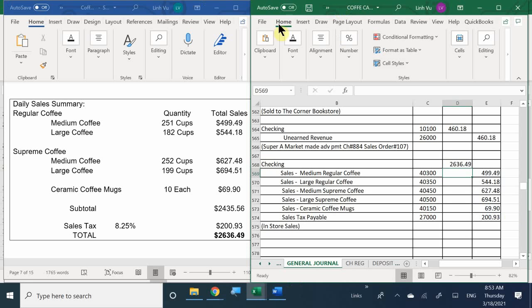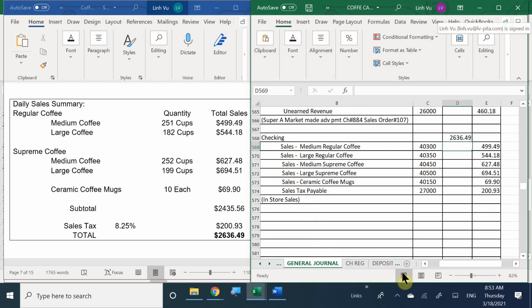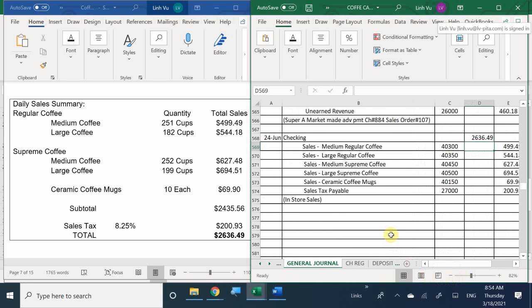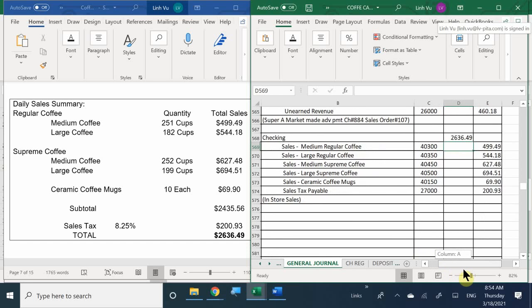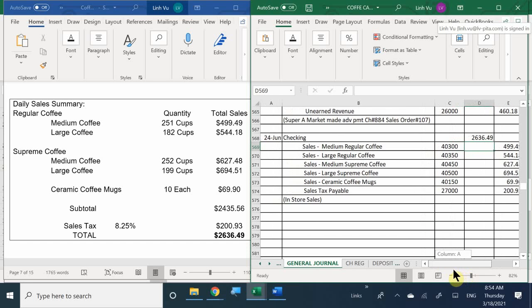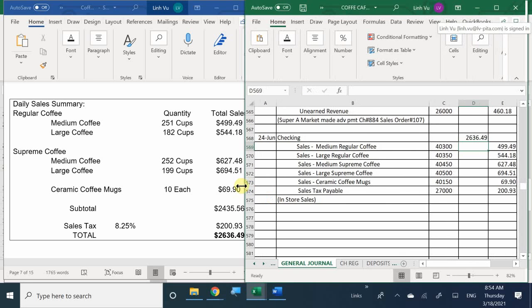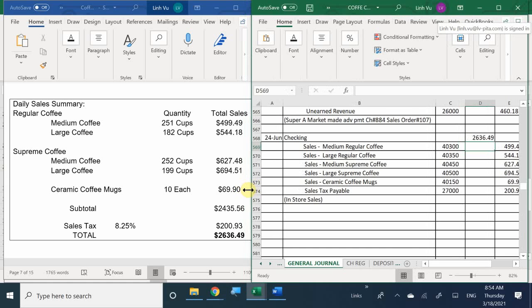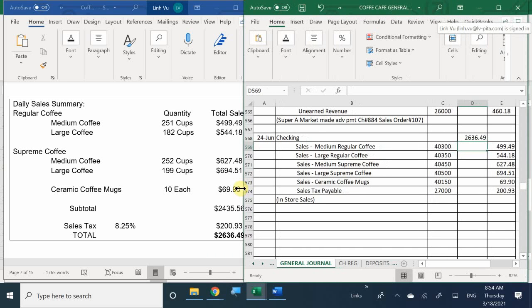All right, so now what? Ledger. Ledger, good.